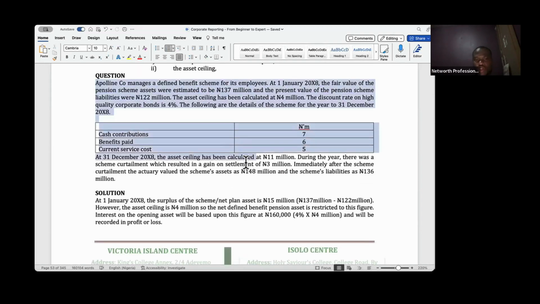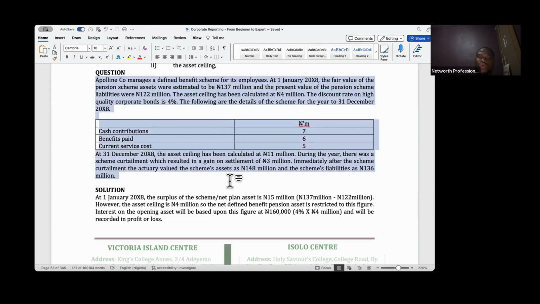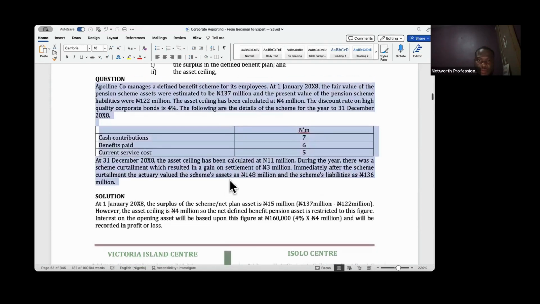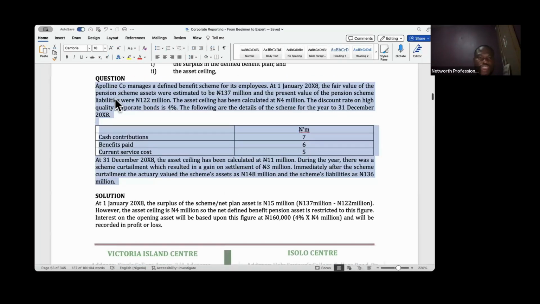Let's look at this question to close out IAS 19. So this question is talking about this guy, they called him Apple Co. He manages a defined benefit scheme for its employees. And it said at 1st January 2008, the fair value of the pension scheme assets was 137 million and the obligation was 122 million.